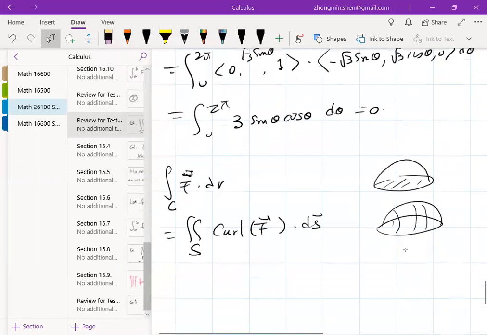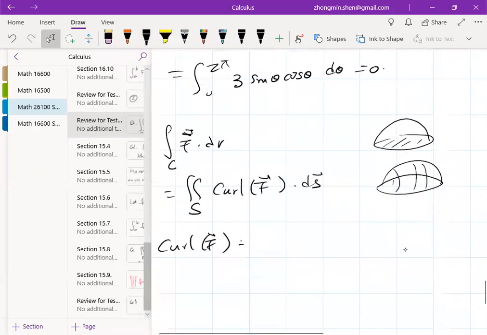All I have to do is compute the curl of the vector field in the space. The curl of the vector field is going to be, using this S, ijk, 0, y, z, the last row.